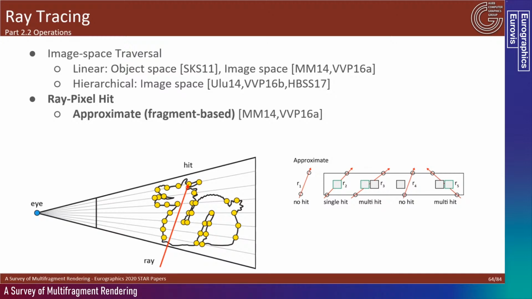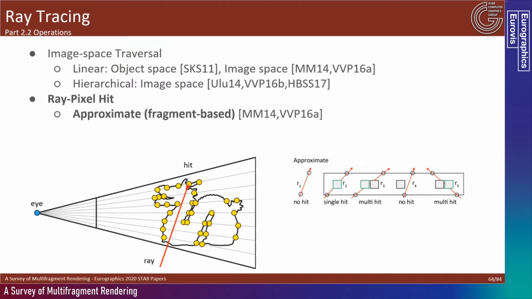Once we visit a candidate pixel in image space, then we need to identify a potential intersection between the ray and the pixel, and this actually is performed by testing the image projected ray against all fragment samples that are assigned to that pixel. There are two major approaches here.